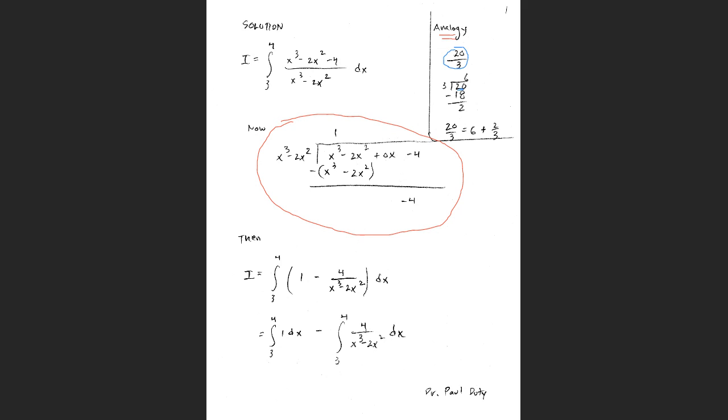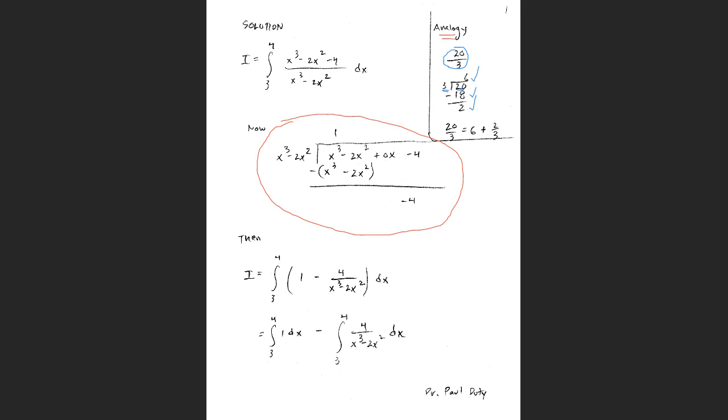This is a little different than synthetic division, which is covered in pre-calculus, but I know what you mean. 20 divided by 3, very good. 3 goes into 20 6 times. So 6 times 3 is 18, and you have a remainder of 2. So 20/3 equals 6 with a remainder of 2.